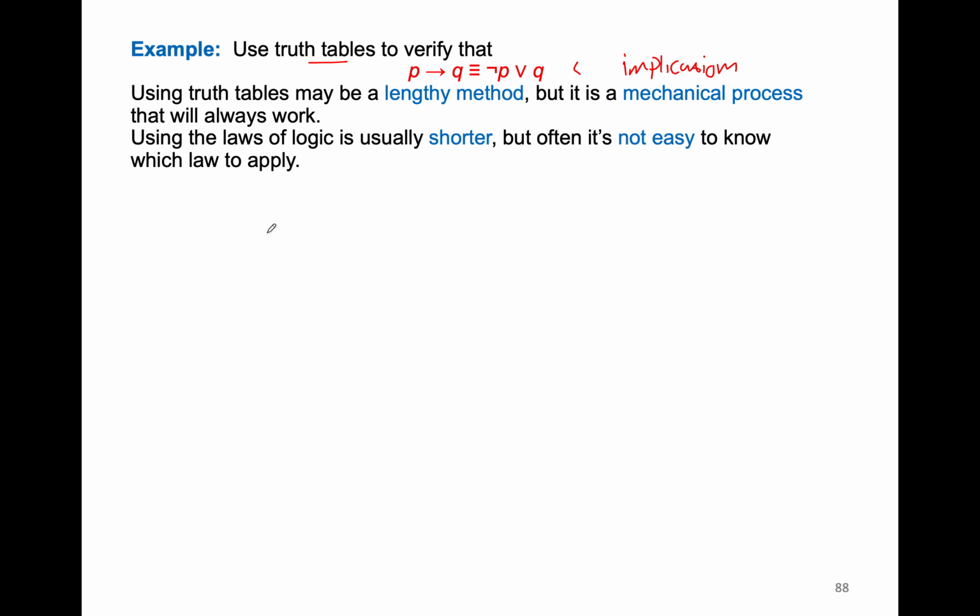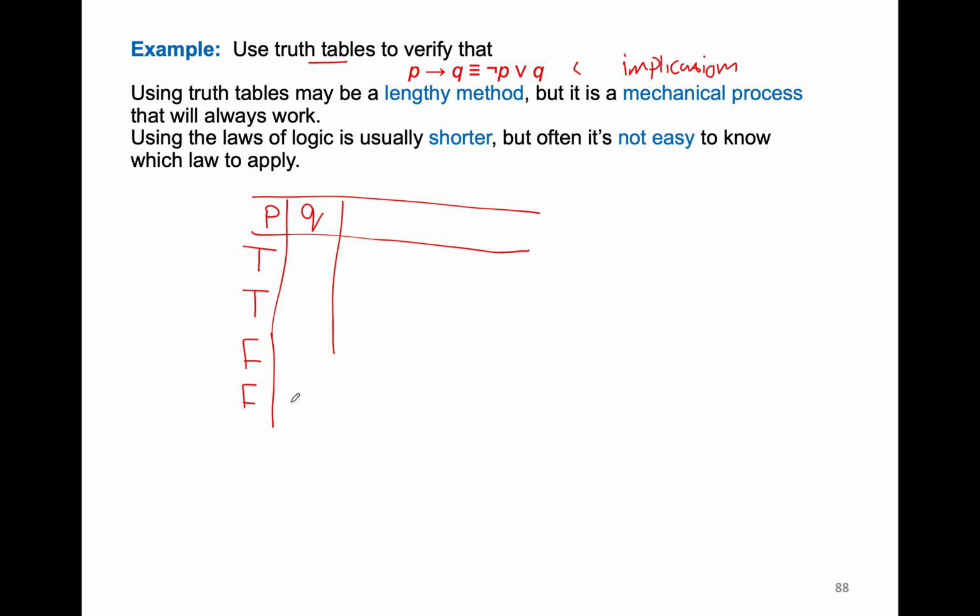All right. So we start as usual. Here we've got two propositions, which are P and Q. Two propositions means 4 rows. So the possibilities for P are true, true, false, false. Then Q is true, false, true, false.